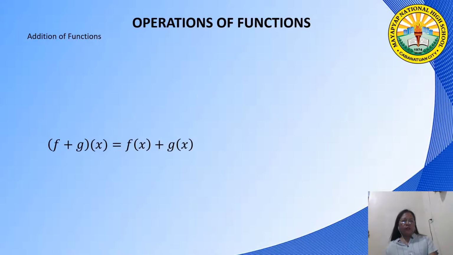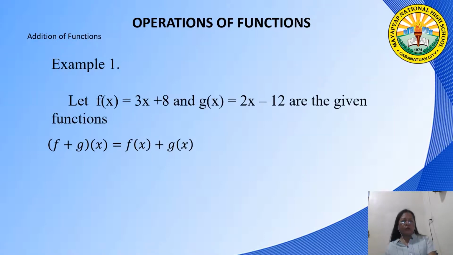For addition of function, let us have an example. You let f of x equals 3x plus 8 and g of x equals 2x minus 12. So these are the given functions. By definition of addition of function, f plus g of x equals f of x plus g of x. f of x is 3x plus 8 plus g of x is 2x minus 12.